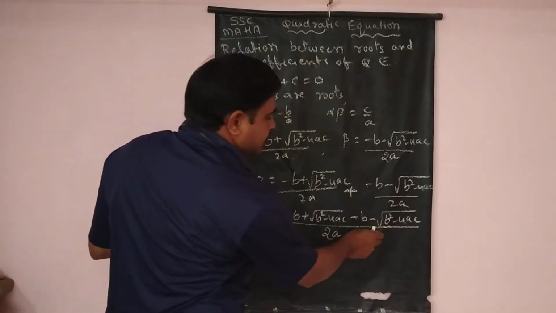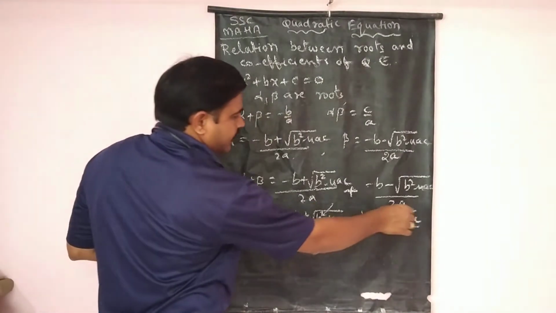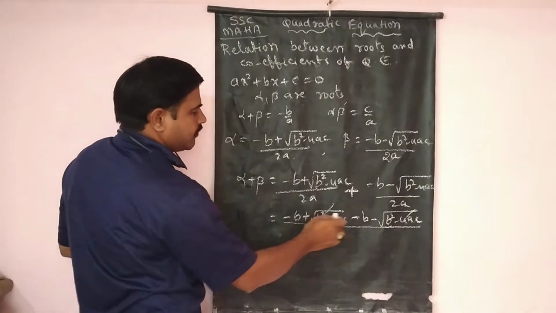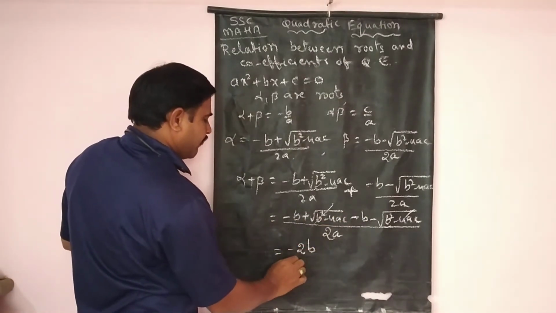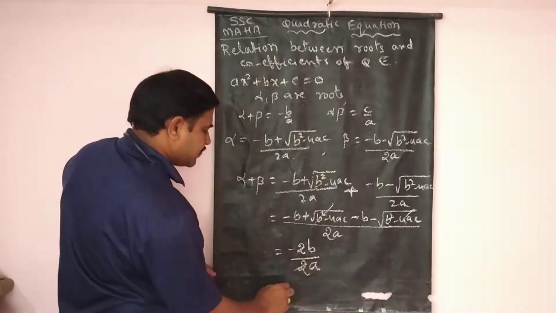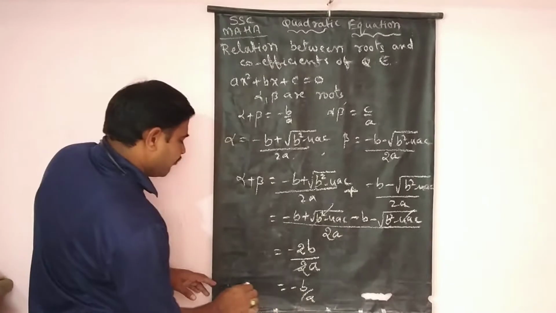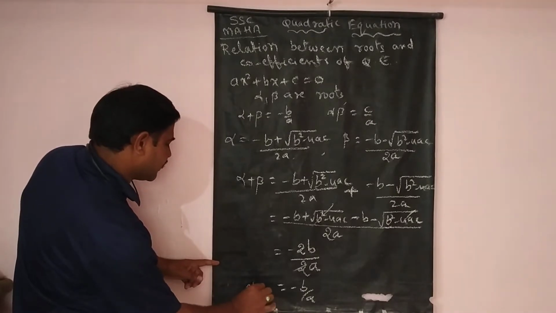Here plus square root of b square minus 4ac and minus square root of b square minus 4ac get cancelled. The remaining terms in the numerator are minus b minus b, which is minus 2b, divided by 2a, and 2 gets cancelled. Minus b by a is the value of the sum of the roots, alpha plus beta.